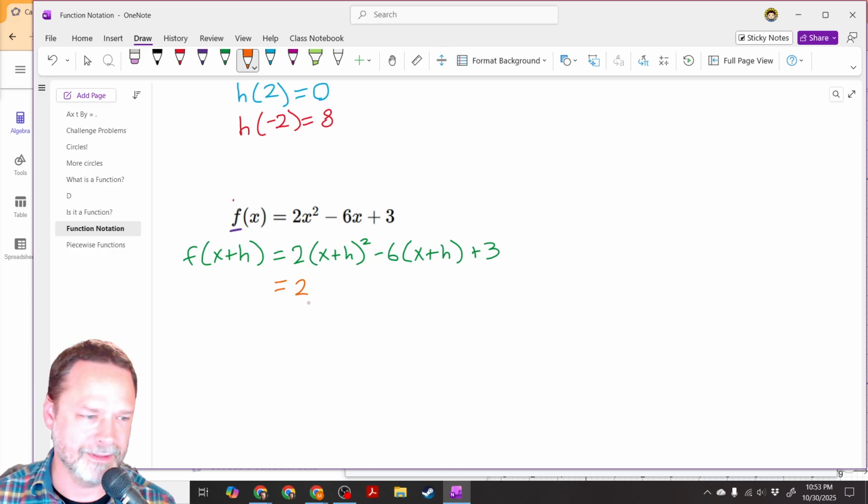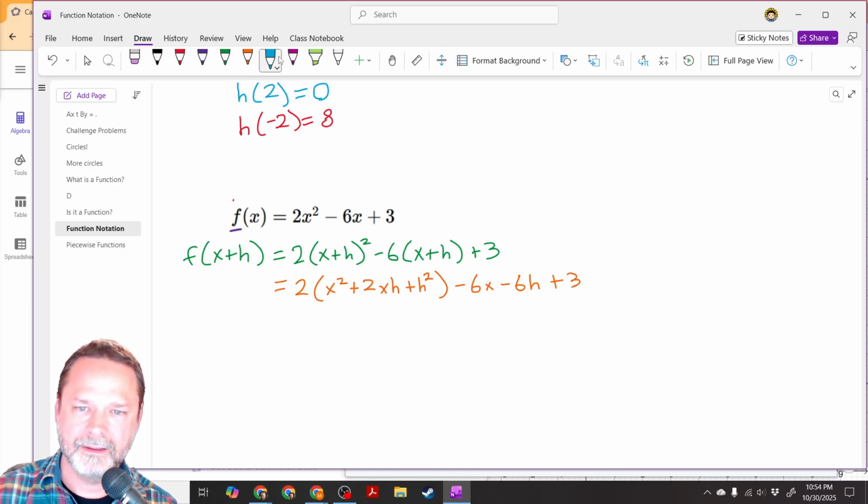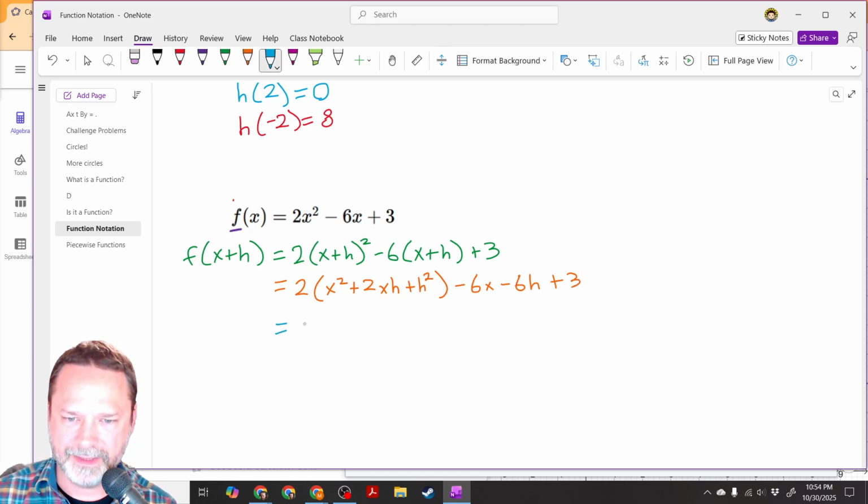You've got to do the exponent first, so I'll go ahead and finish this example. But you should get the idea now of how you do function notation, how we use it, and what it all means. So x plus h squared is x squared plus 2xh plus h squared. And then we have minus 6 times x plus h, so that's minus 6x minus 6h. And then we have our plus 3. It's getting a little messy, but that's no biggie.